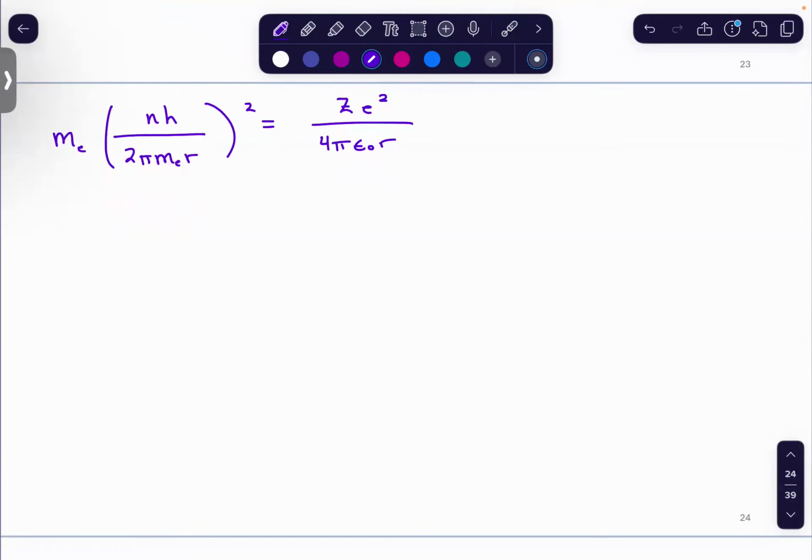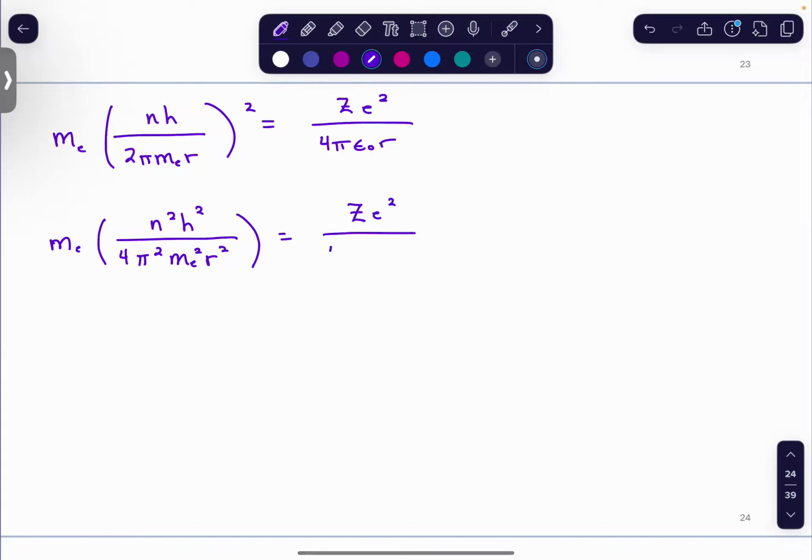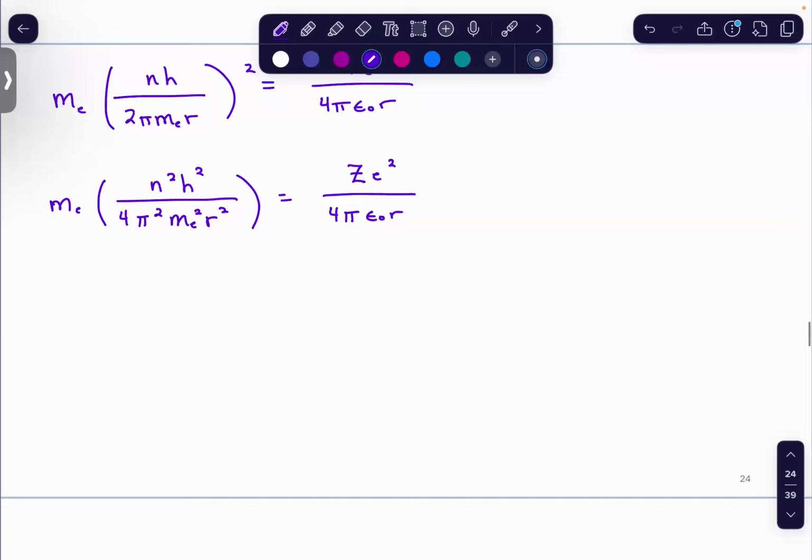We can go ahead and square that. So that's going to be n squared h squared. So you remember that the square comes inside and it just hits every single term individually. 2 squared is 4, pi squared, m_e squared, r squared equals Z e squared, which is still our Coulombic force, the electrostatic force of attraction between an electron and a positive nucleus, over 4 pi epsilon 0 r.